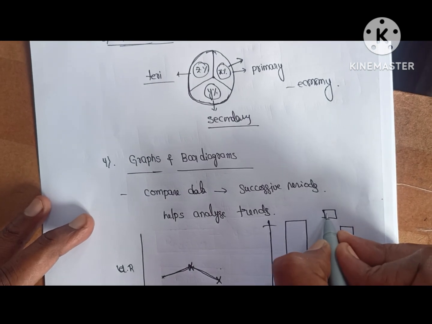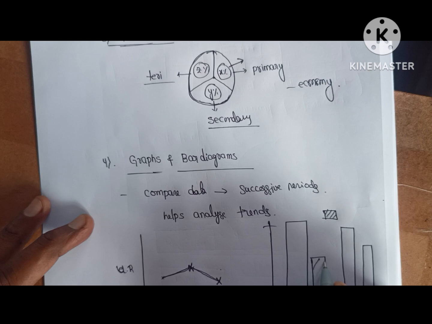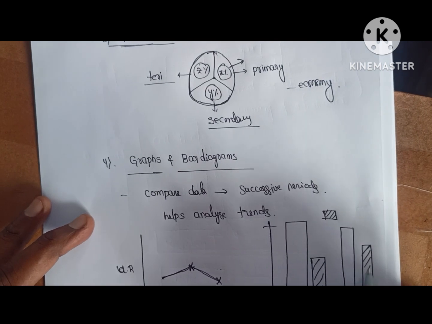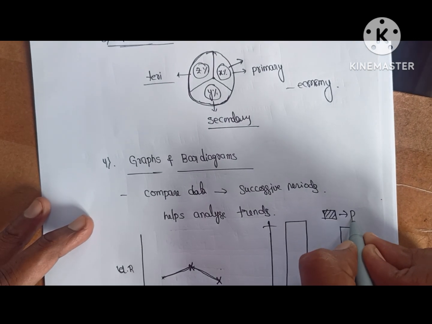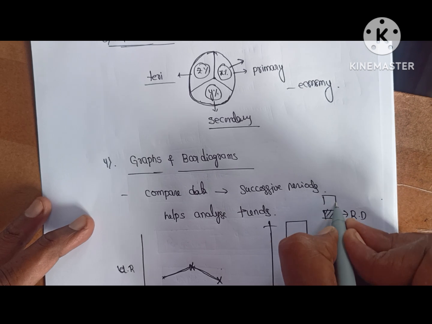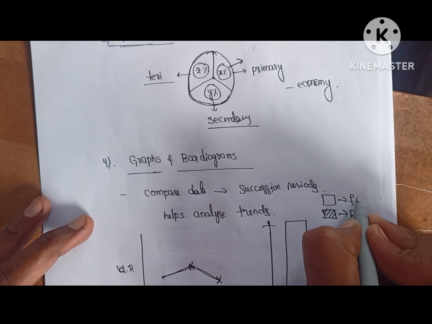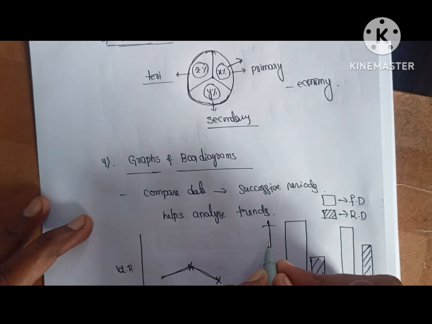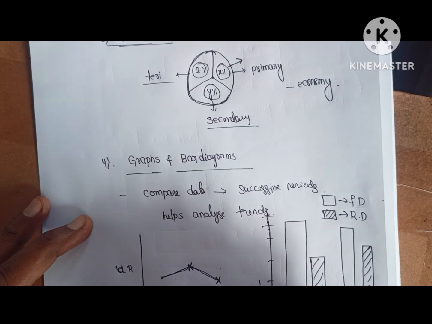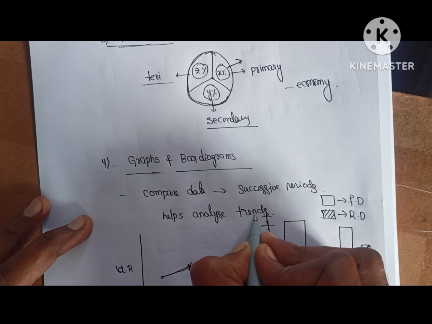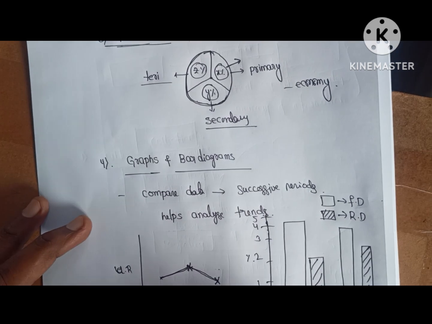You have to clearly demarcate like this. This is a revenue deficit, and a normal one is a fiscal deficit, and you have to plot the values on the y-axis 1, 2, 3, 4 as a percentage of GDP.